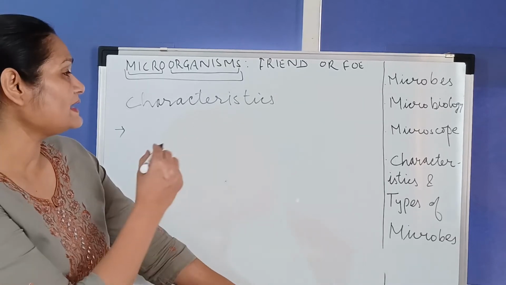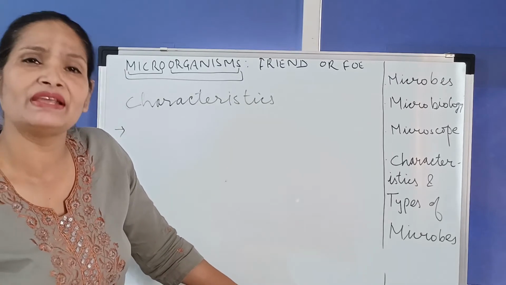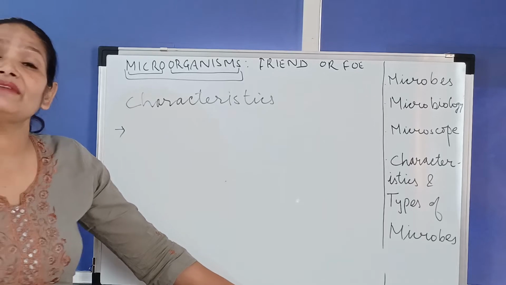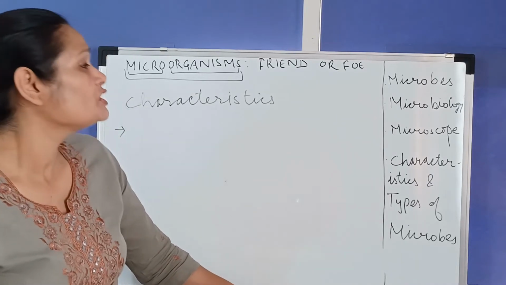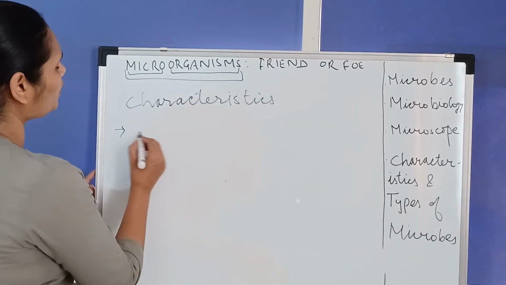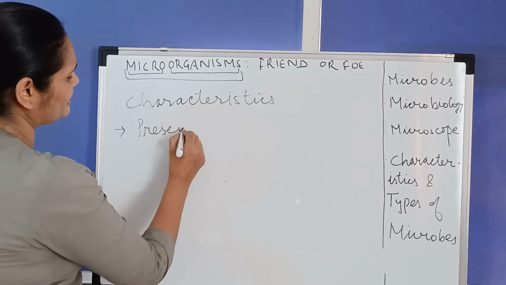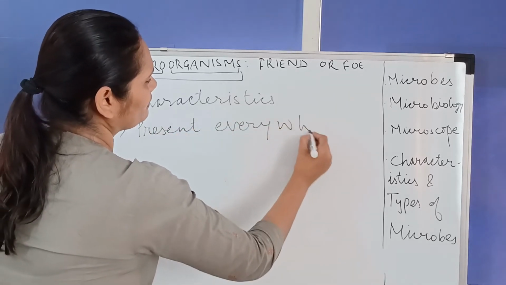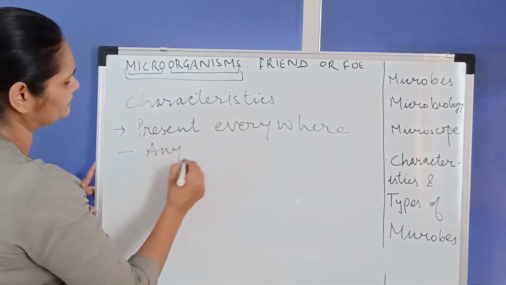They are seen in very hot areas as well, in the rainy season, in any part of the world. Even our body contains a lot of microorganisms, right? So microorganisms are omnipresent, present everywhere and in any range of temperature.